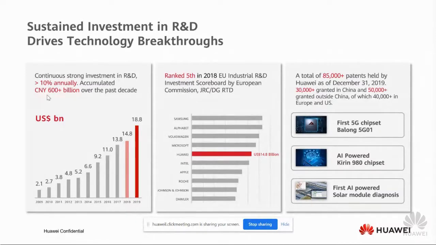We yearly invest more than 10% of our revenue into our R&D. Based on a measurement done in 2018, we were the fifth largest industry company investing a high amount of money into R&D. And this R&D resulted in, for example, the first 5G chipset, or the first AI-powered solar module diagnosis, which is the smart IV curve, which we are very proud of at the moment.